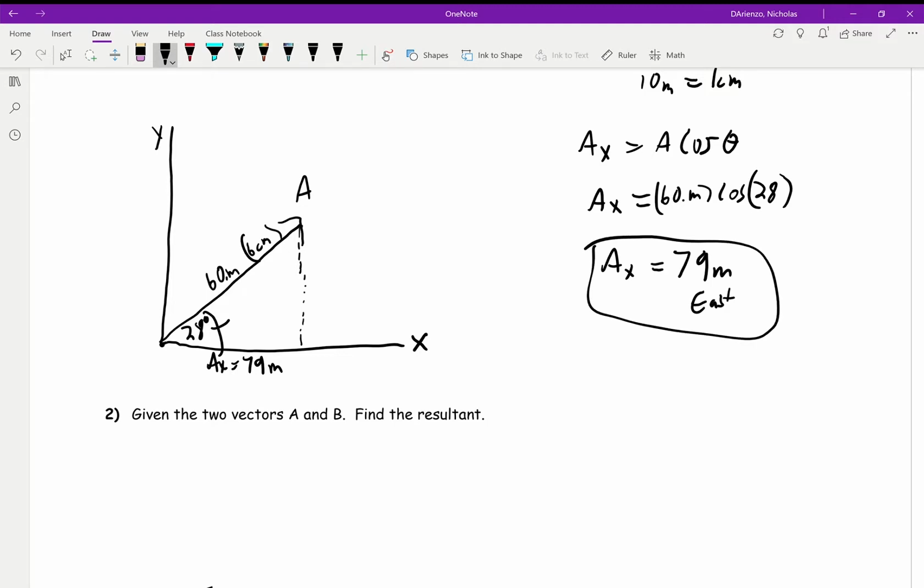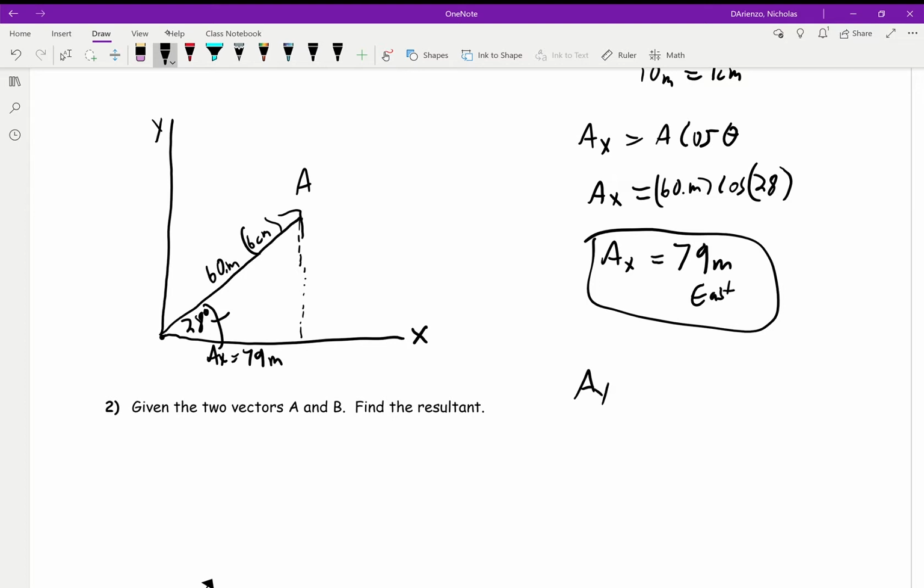To find the y component, we use A sine theta. So we're still using the same magnitude of A, 60 meters, times the sine of 28 degrees.